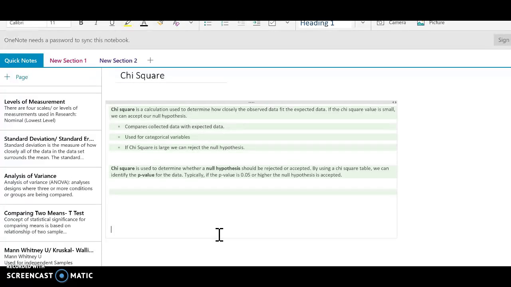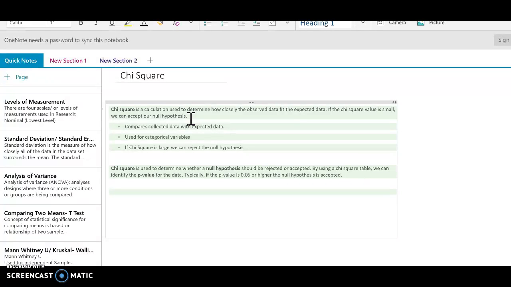A chi-square is a calculation used to determine how closely the observed data fits the expected data. If the chi-square value is small, we can accept our null hypothesis. And if we remember what the null hypothesis is, that means that we don't expect change, right?